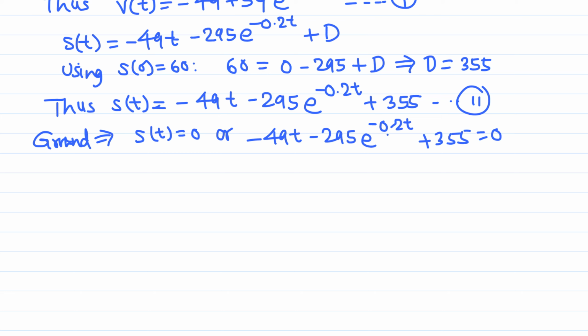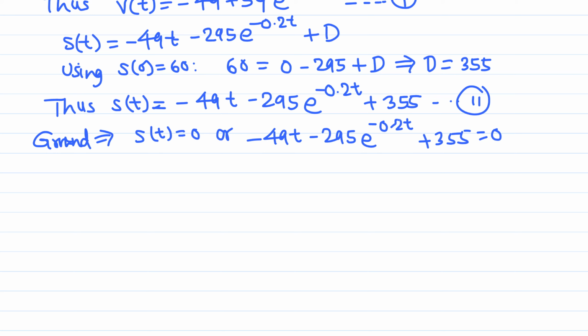Now we have an exponential term and a linear term, so it cannot be solved algebraically. We need to use a calculator or some online graphing. We can make one linear equation and one exponential, graph them and see where they intersect.